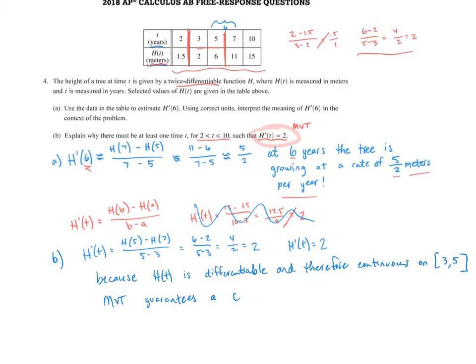It guarantees a C on the interval, and our interval, we broke it down to be 3 to 5, where h prime of c is equal to 2. And we showed all of our work there, and everything looks pretty darn good.